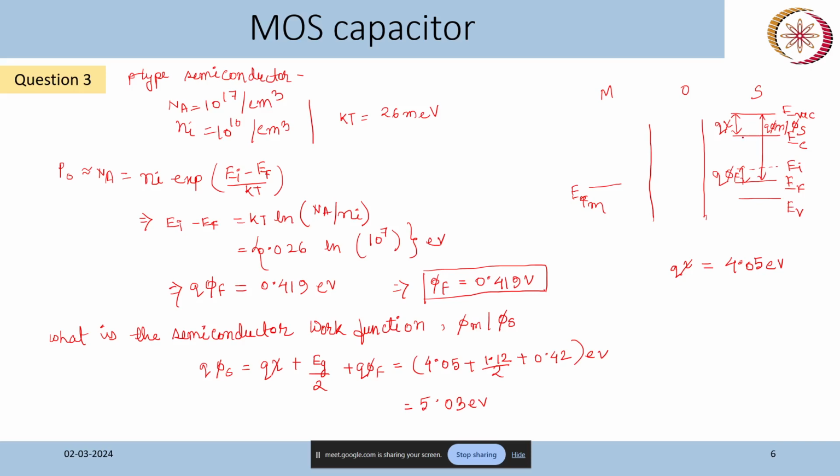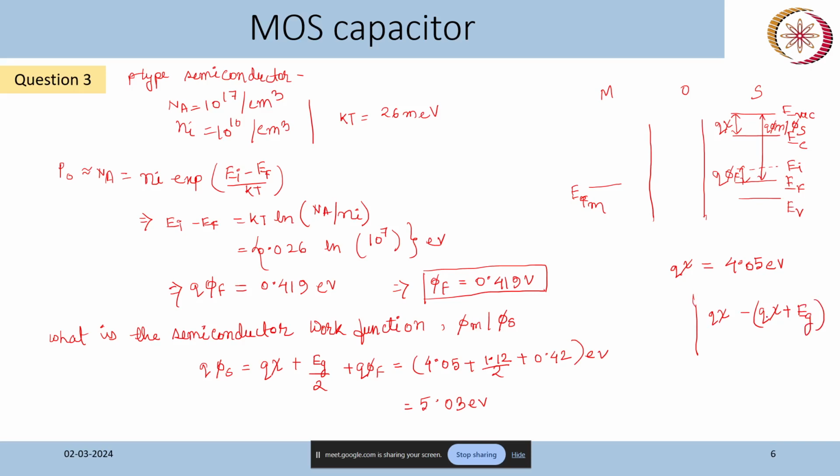The Fermi level can be very close to EC, so in that case the work function will be Q psi, and then the Fermi level can be very close to EV, so in that case it will be psi plus Eg. So the work function for the semiconductor will lie in this range.